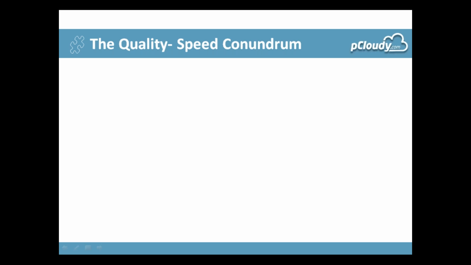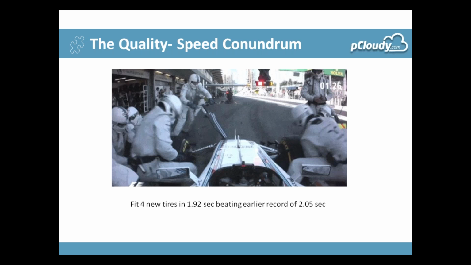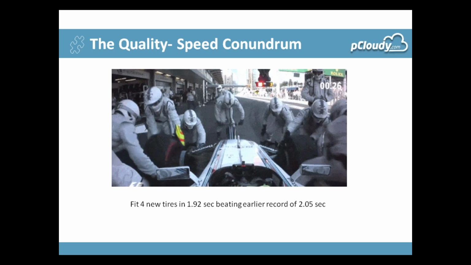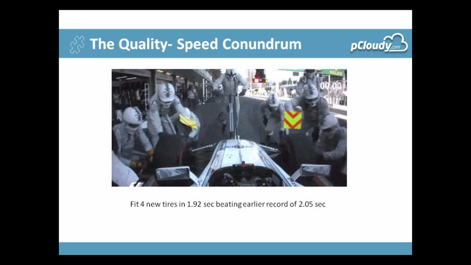So can there be a better example of quality at speed than to talk about F1 racing? Some of you might already be aware of this fact that last year Felipe Massa of Williams broke the fastest pit stop record of Red Bull.